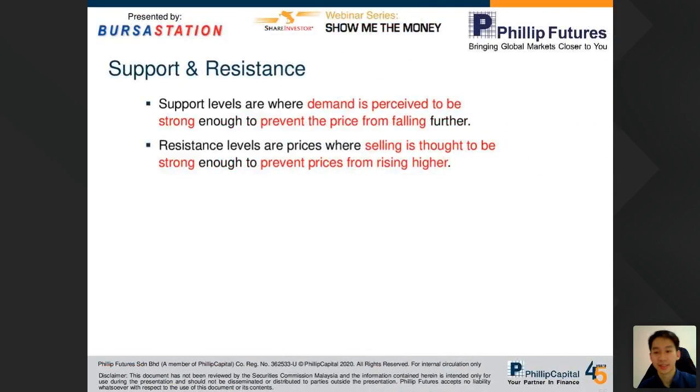Okay, next is how to identify support and resistance. A resistance level is defined as a level where price cannot go higher, and support is defined as a level where price cannot go lower.